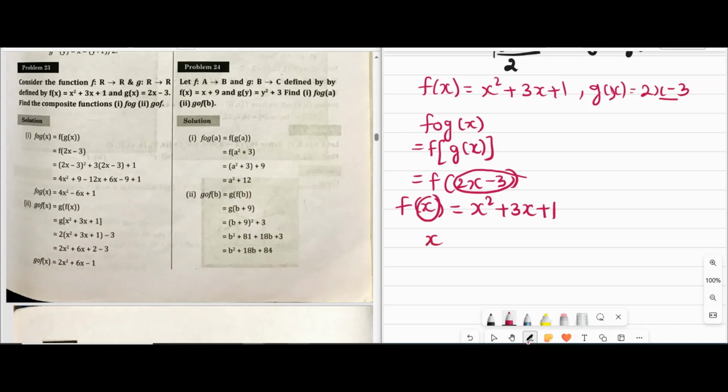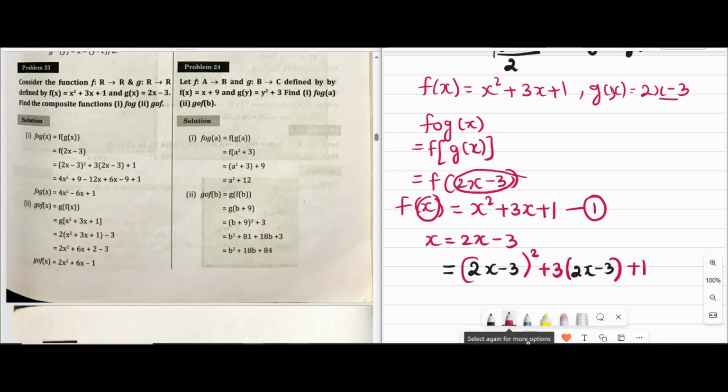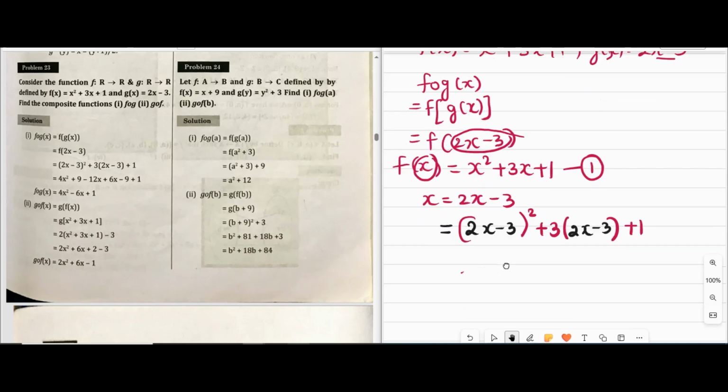So x will become 2x minus 3. Call this equation 1. Substituting the x value in equation 1, we get (2x minus 3) whole square plus 3 into (2x minus 3) plus 1. So we are just substituting the value of x, in place of x we are substituting 2x minus 3.